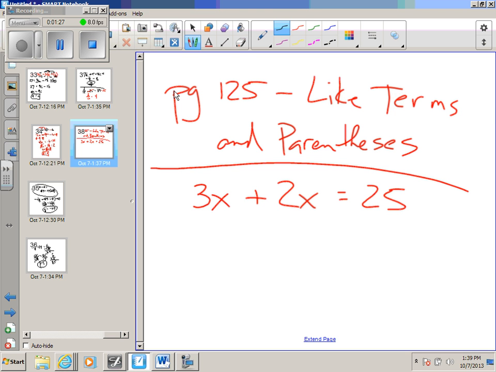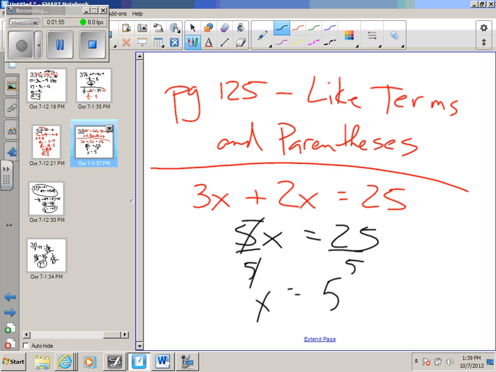So I have a 3x and a 2x. Can I add those together? Are they like? Together they will give me 5x equals 25. From here, we are going to do what to both sides? Alex. Divide by 5. X will equal 5.